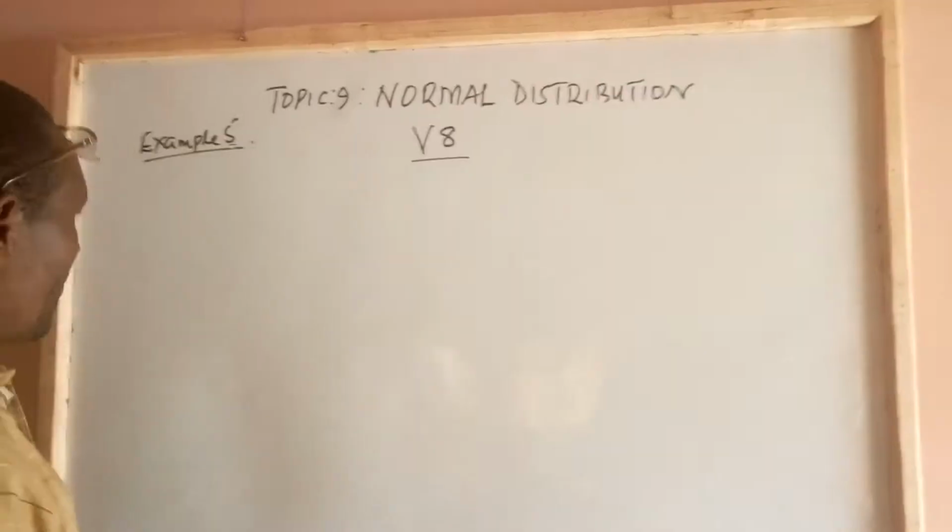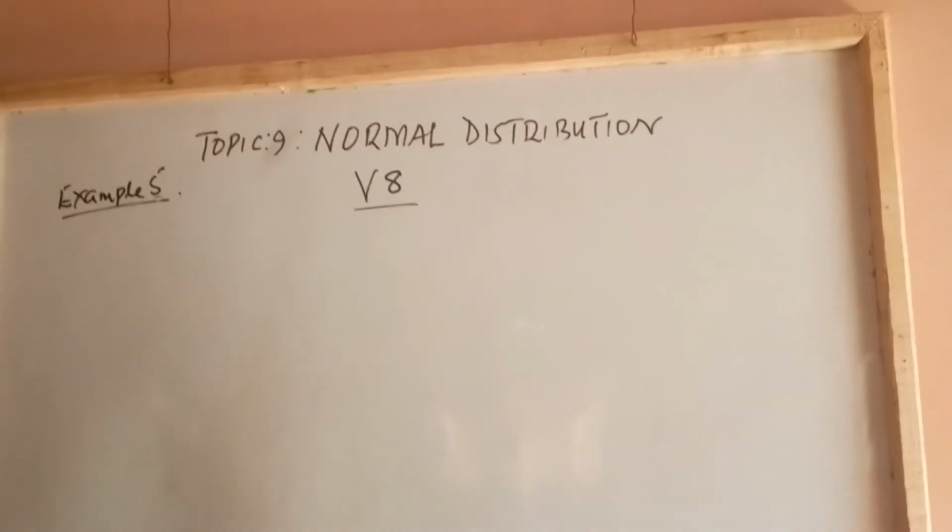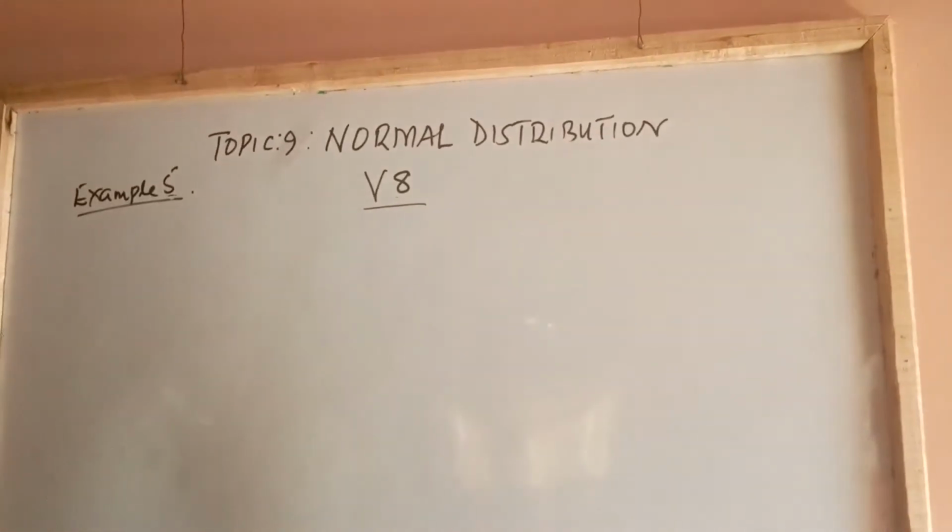Under 9.4, we are told that we can use normal tables to find the mean and the standard deviation.